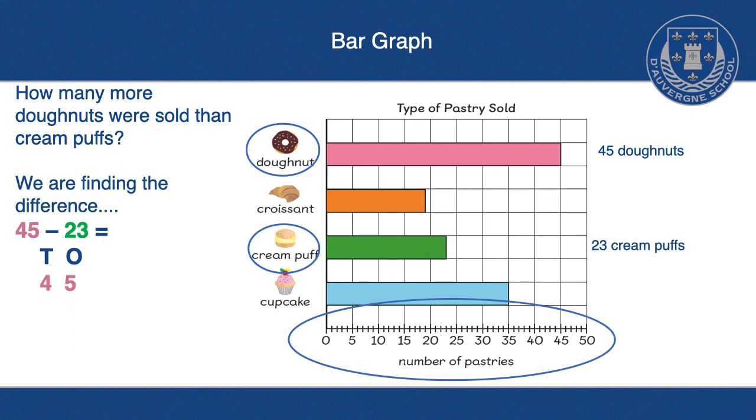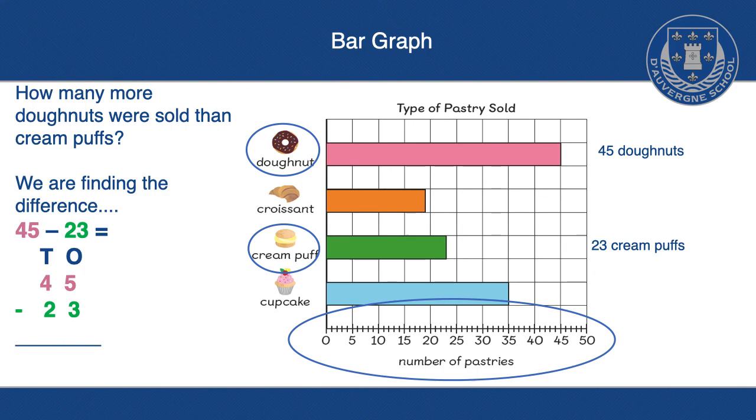So if I put those numbers in, so 45 to begin with, and then I'm going to take away 23. I know that 45 has 5 ones and 4 tens, hence why I've put them in those columns, and 23 has 3 ones and 2 tens, okay? And I'm going to take those 23 away from 45.